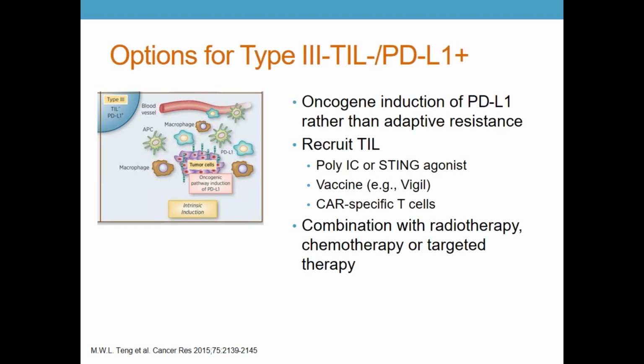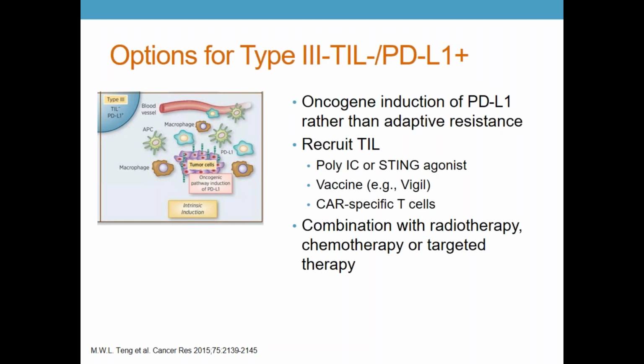One way of getting TILs in is adoptive therapy using these chimeric antigen receptor specific T cells. So even in this group, there are ways that we can use, or have the potential of eliciting, an immune response against these tumors.